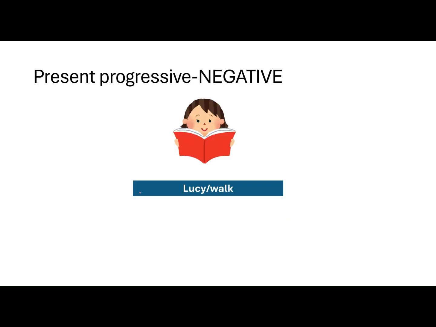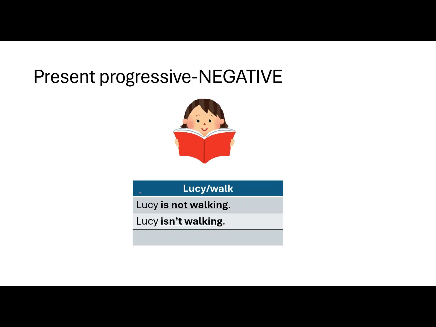Let's try another one. We see Lucy walk. Can you make a negative present progressive sentence with those words? Lucy is not walking. Lucy isn't walking with the contraction, and Lucy's not walking.